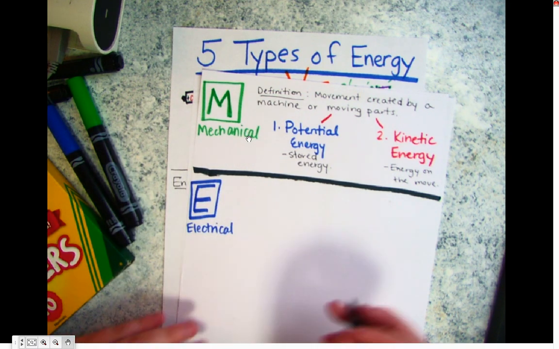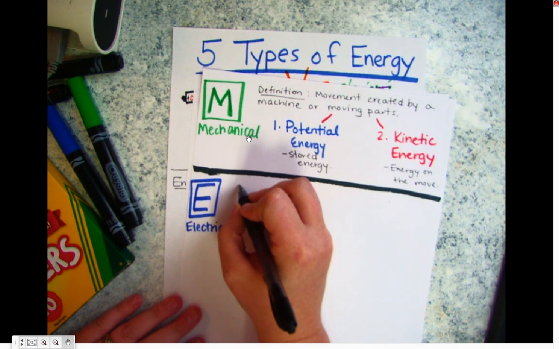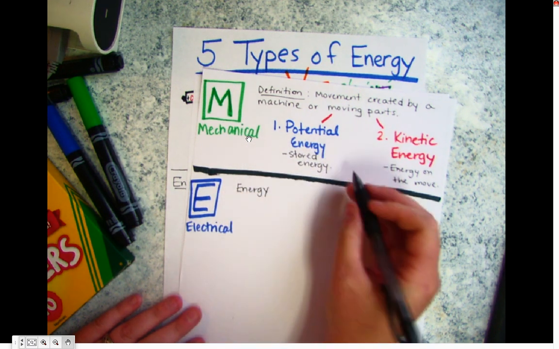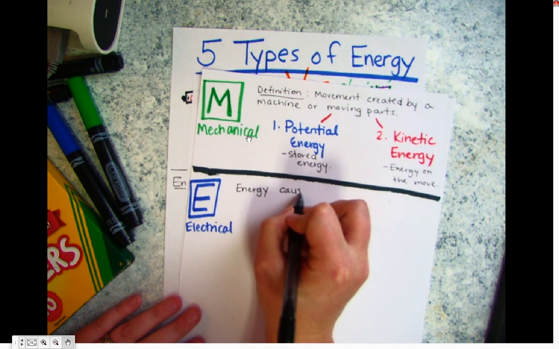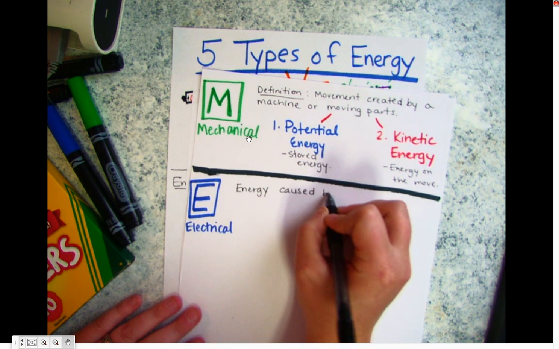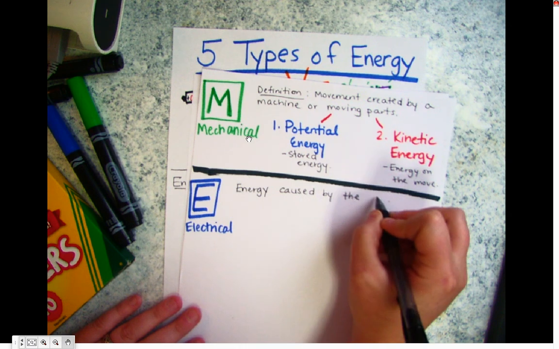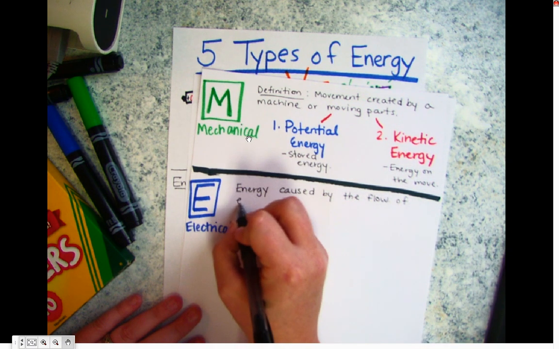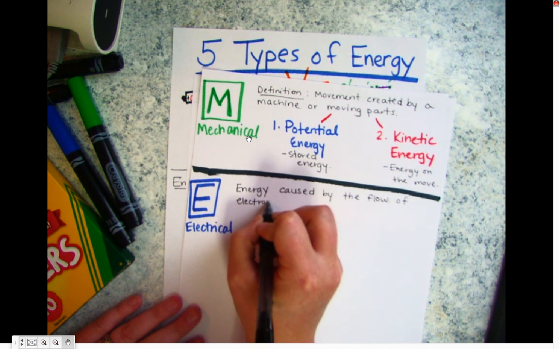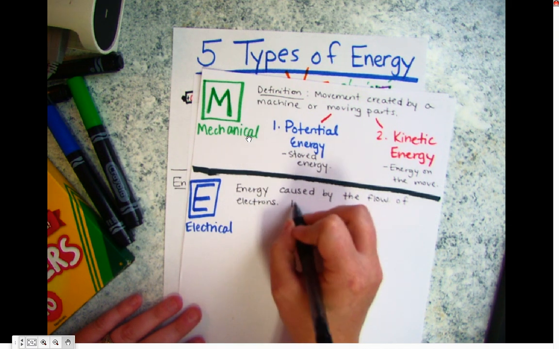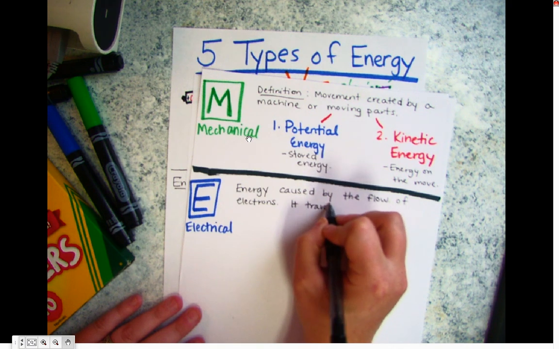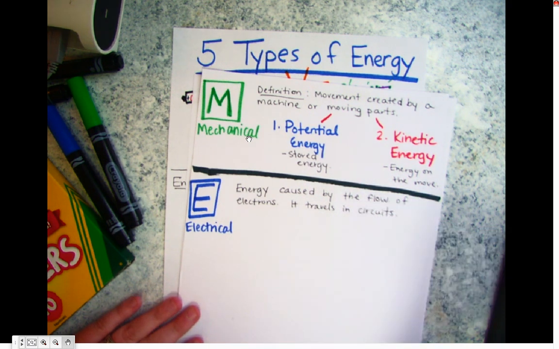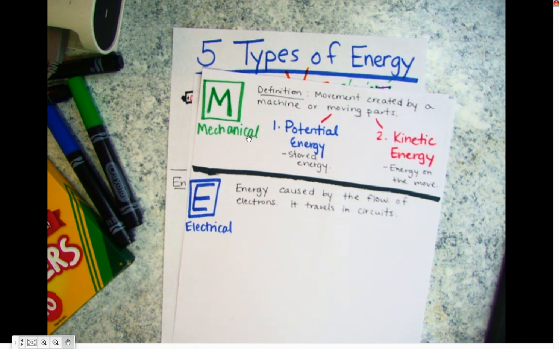Okay, so this is energy caused by the flow of electrons and it travels in circuits. Okay?